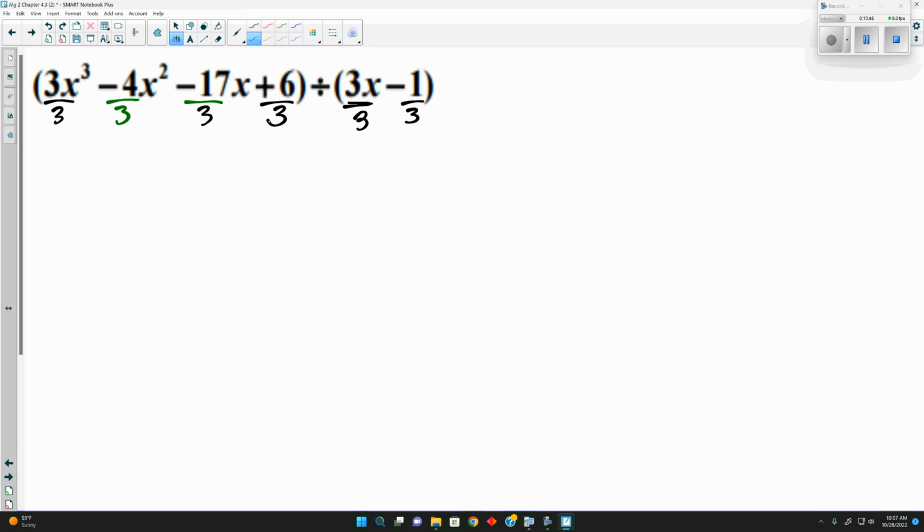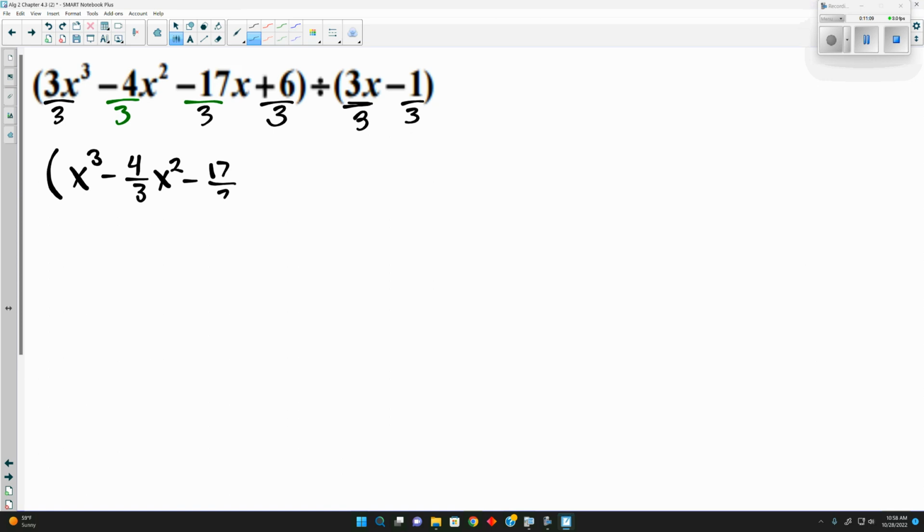So what we actually have is, well, 3x cubed divided by 3, x cubed. Does 4 divide by 3 nicely? No, so we'll leave it as 4/3 x squared. Does 17 divide by 3 nicely?